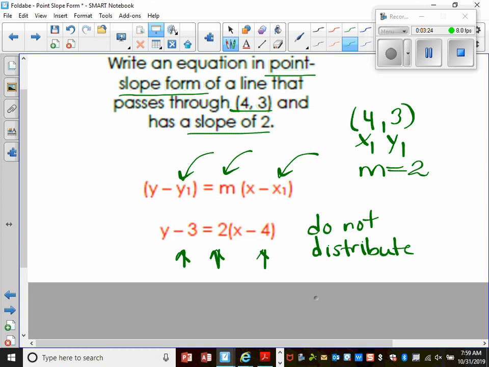The good thing about point slope form is that once you have it in this form, if I asked you to put it into slope intercept form, you could just solve it for y. That means you would distribute and move the 3 to the other side. Once you have it in this form, it's very easy to go to slope intercept form.